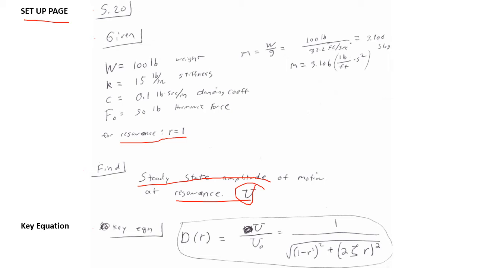Looking at the given information and what they're asking, we come up with this key equation: D of R is equal to U over U naught, which is equal to 1 over the square root of (1 minus R squared) squared plus (2 times our damping ratio times R) squared.